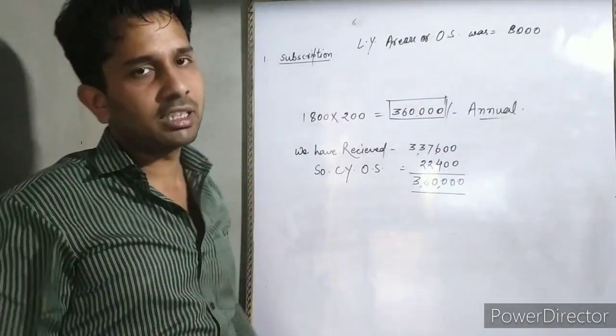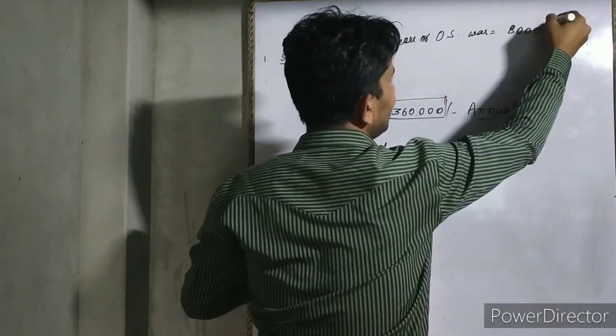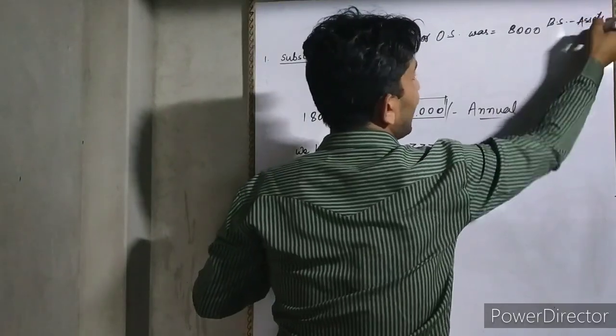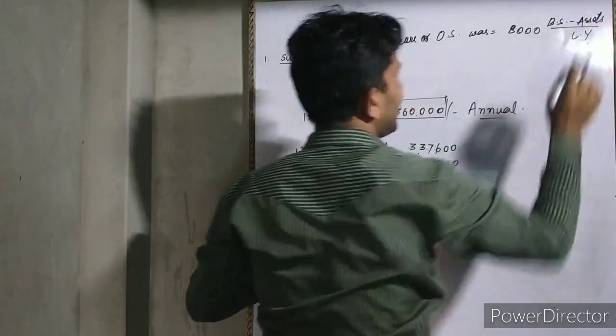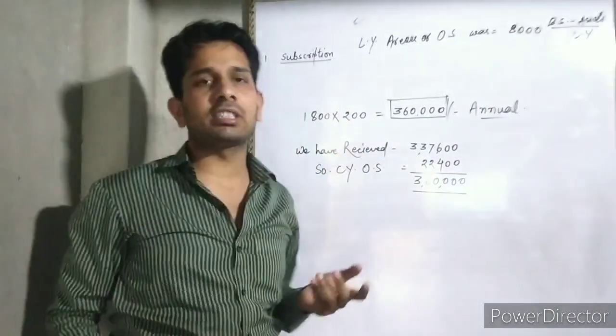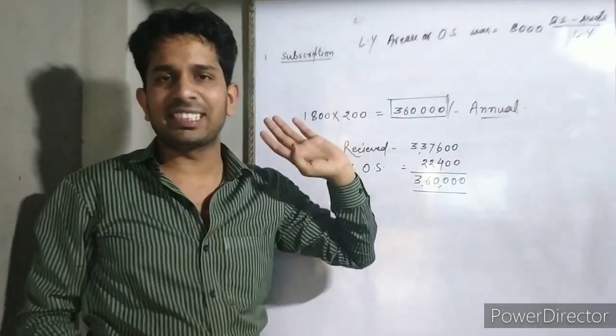We have already got that one thing. So where will this 8,000 take place? In the balance sheet assets of last year. The question is mentioning already 8,000 was the outstanding in the last year, so this 8,000 will take place directly in the last year balance sheet on the asset side.